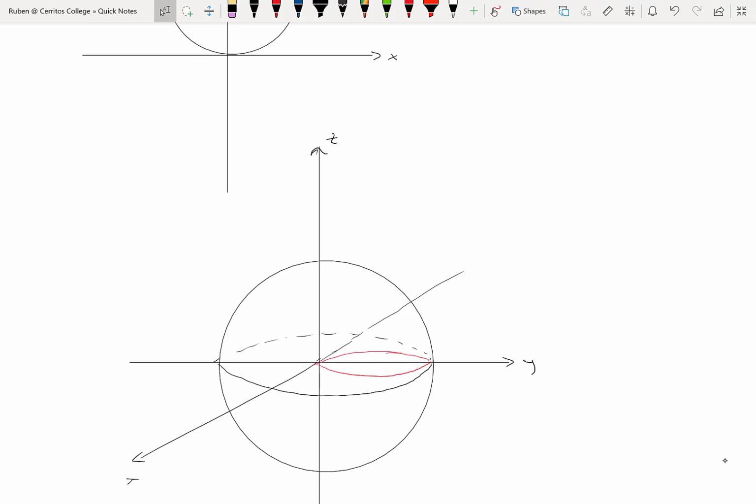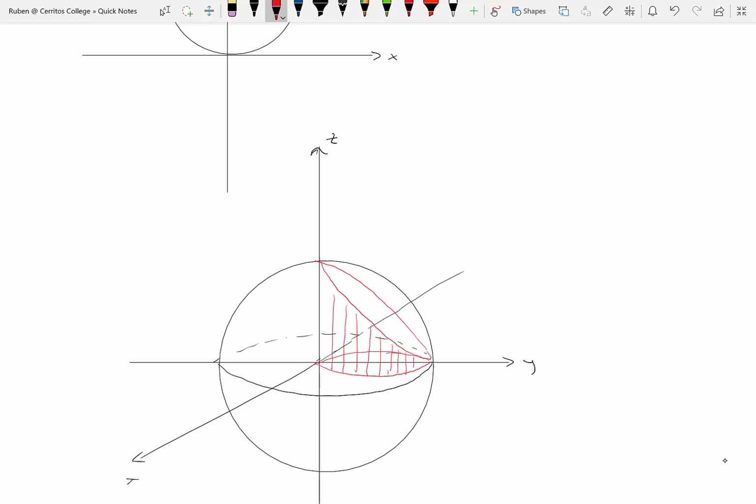When it hits the sphere, that intersection should look something like this. Okay. I'm only going to be drawing the portion of our volume above the xy plane. So this also happens below the xy plane. So let me give you a little more perspective here.